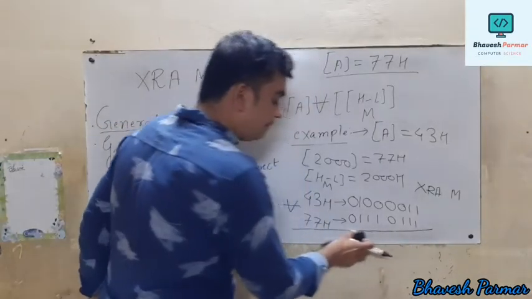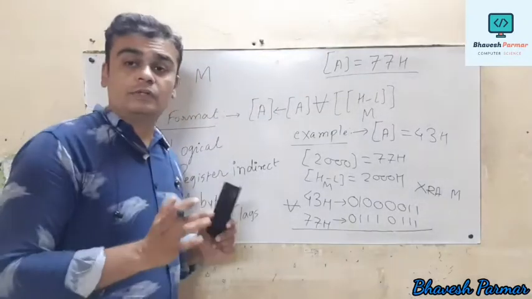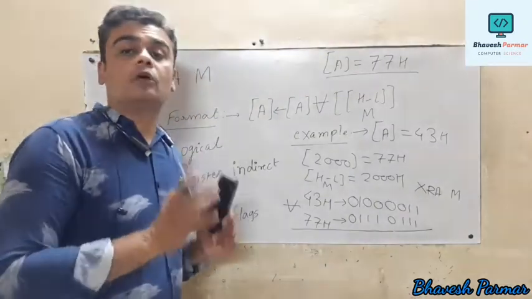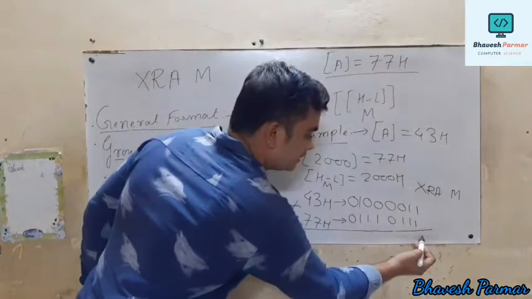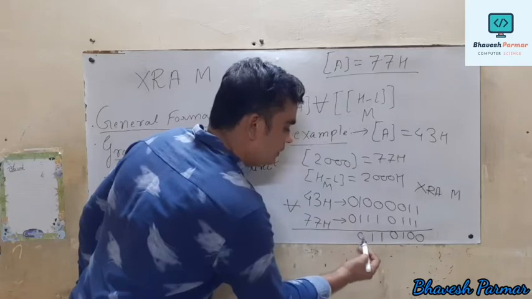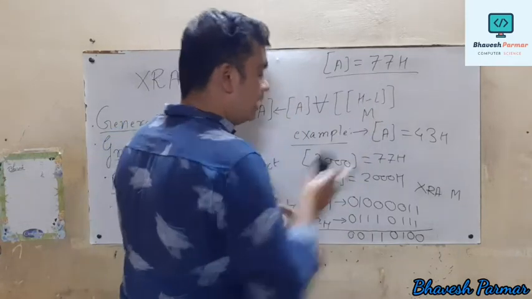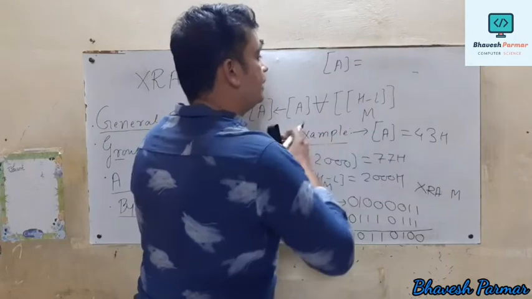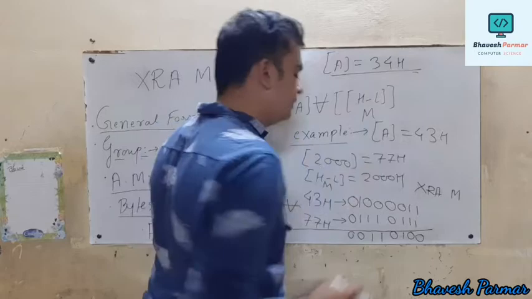Before applying, we know that for the same input the output is 0, and for different input the output is 1. So here I am writing 0 0 1 0 1 1 0 0. So my output will be 34H. This is the exact answer that I am getting.